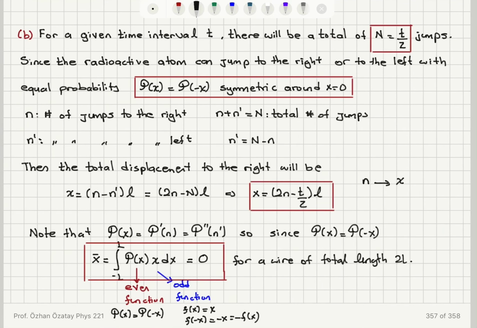If you go back to where we found the relationship between x and n, x is equal to 2n minus capital N times L, and capital N is equal to t over tau.